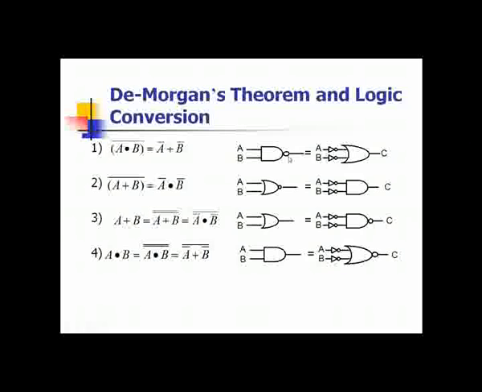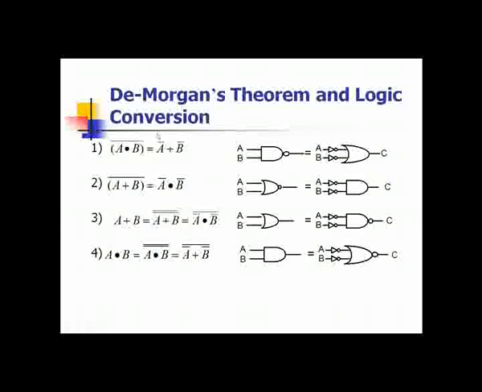According to De Morgan's law, A is complemented as A bar, and the complement of this dot is nothing but the OR function. That is, dot is called the AND function. The complement of the AND function, that is the inverse of the AND function, is the OR function. And one more term we have is B, which is complemented and represented as B bar.